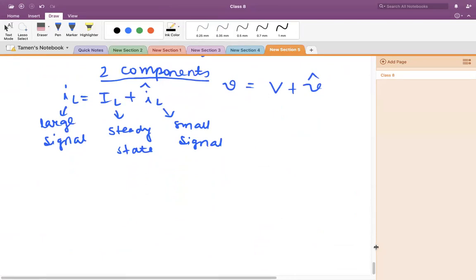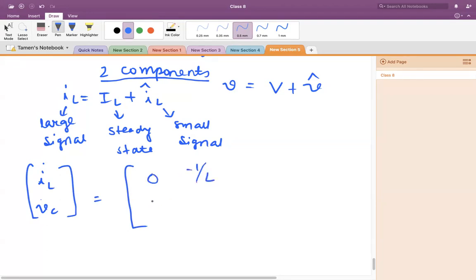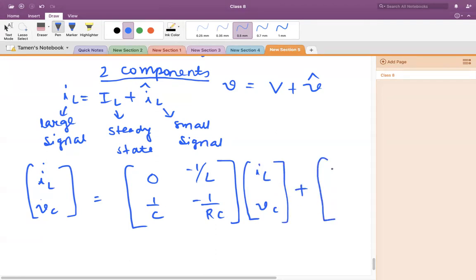The averaged form will be: IL dot, VC dot equals the matrix 0, minus 1 by L, 1 by C, minus 1 by RC, times IL, VC, plus D by L, 0, into VG.